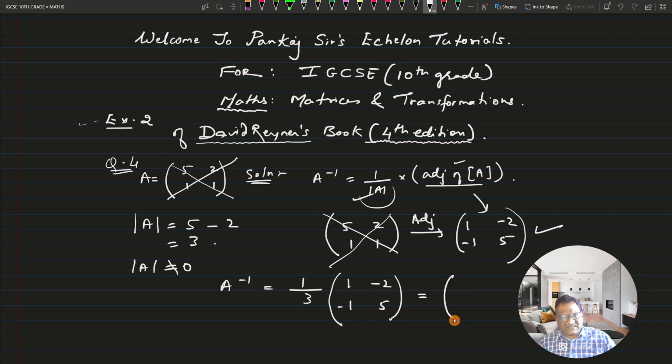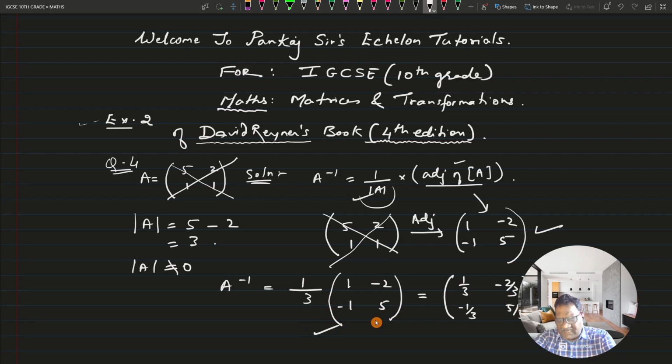So I can write this as 1 by 3, minus 2 by 3, minus 1 by 3, and 5 by 3. So the answer for A inverse is this, or you can take the other form as the answer. Both are correct.